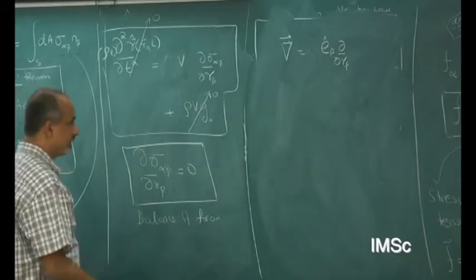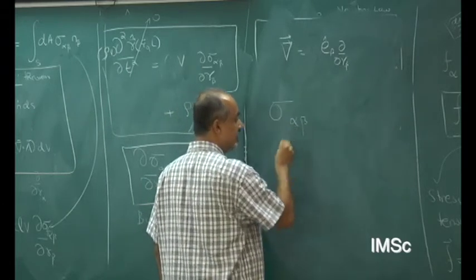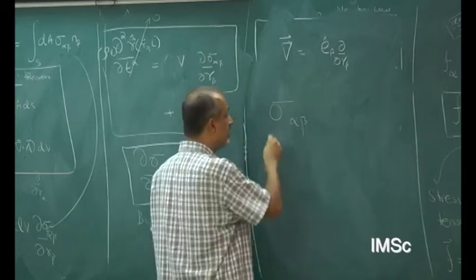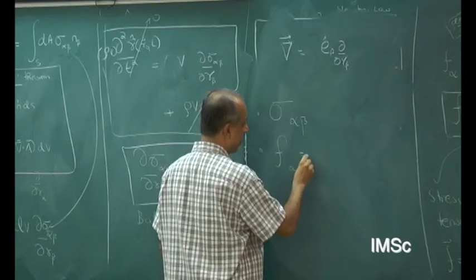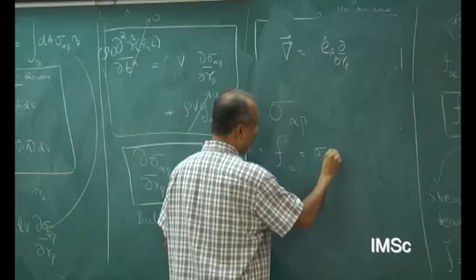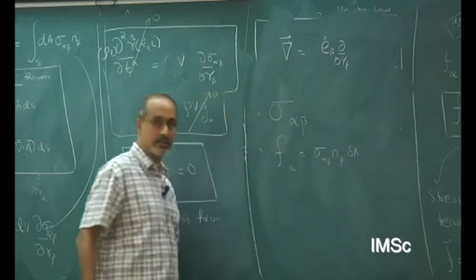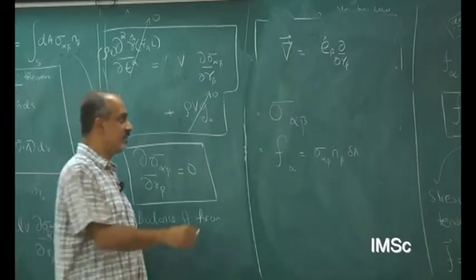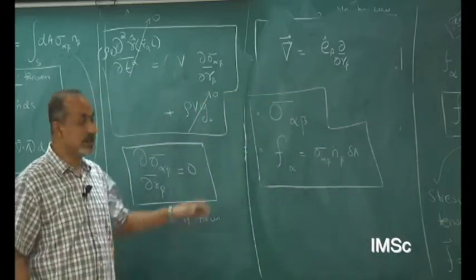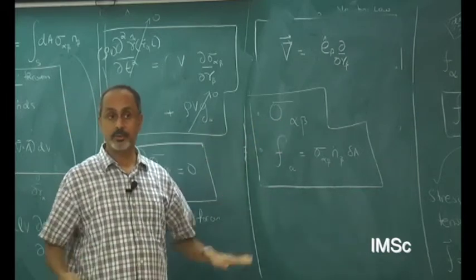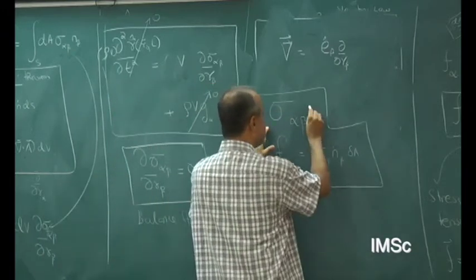So the whole point of this so far has been to get you a little more familiar with the stress tensor, sigma alpha beta, and the implications of writing the alpha component of the force at any point as sigma alpha beta, times the normal to the surface at that point, times the elemental area delta A. These are the two things I would like you to remember: when we talk about continuous media and the forces we exert on them, those forces find their expression in a quantity called a stress tensor.